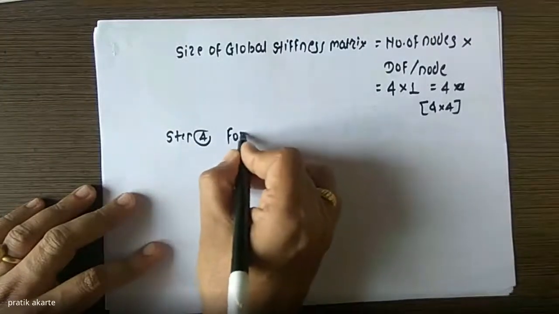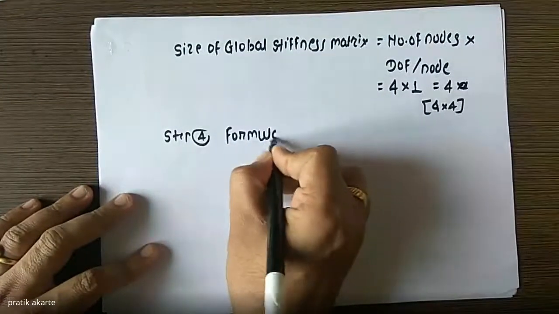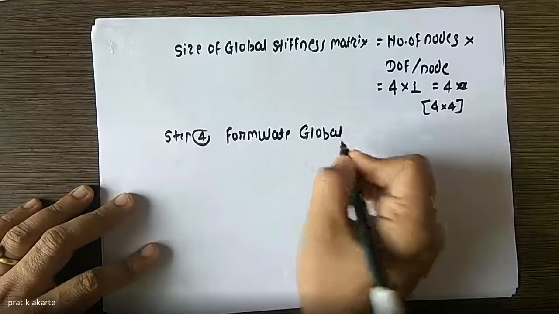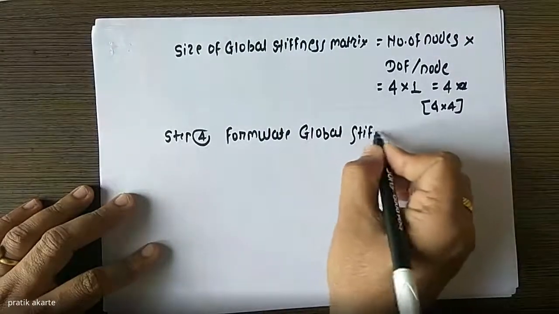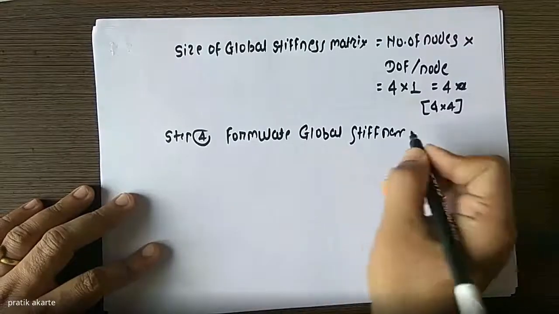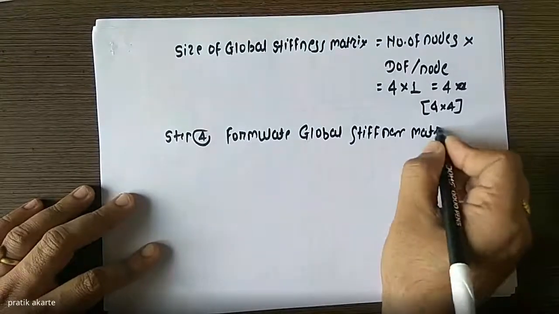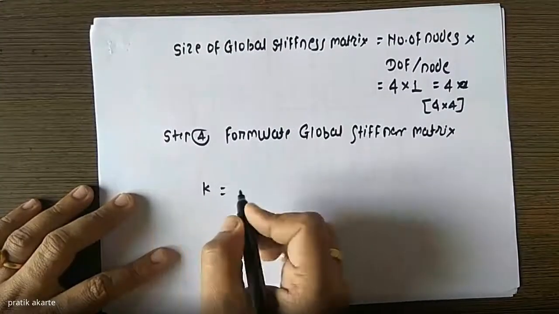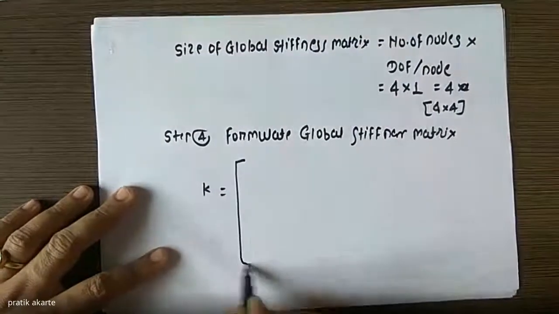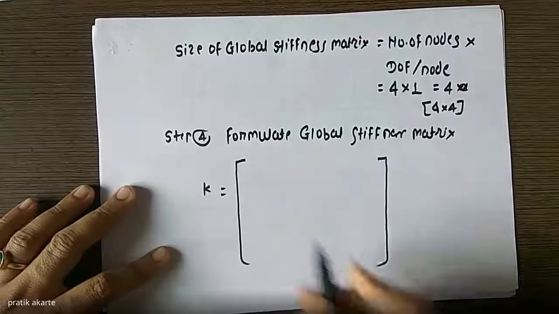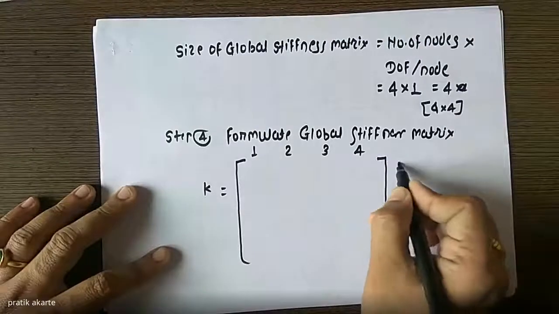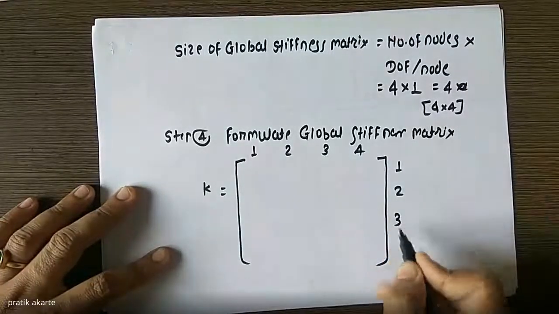Formulate global stiffness matrix. So for the global stiffness matrix, first I'll write the structure 1, 2, 3, 4 and 1, 2, 3, 4.